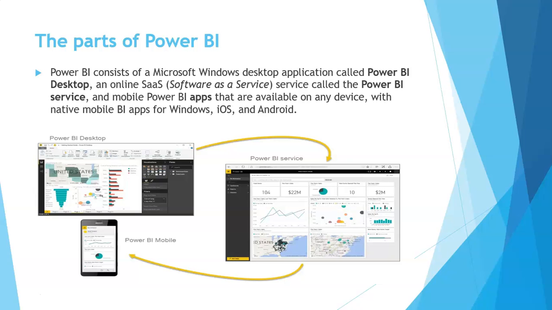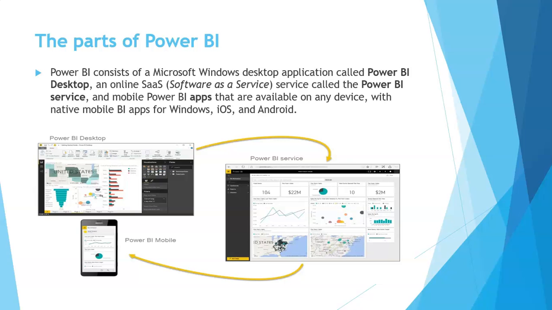There is also an online SaaS, that is software as a service, which is called the Power BI service. Once you have created your reports in Power BI Desktop, they will be published to this Power BI service. From there you can access your reports anywhere, anytime.